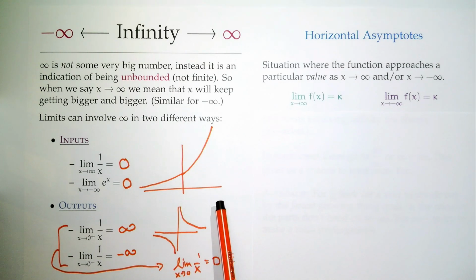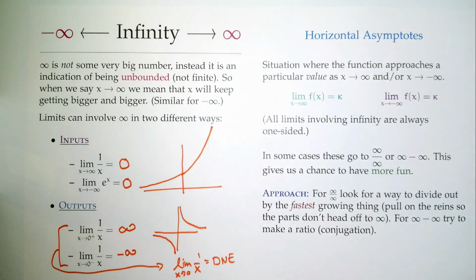Is there a horizontal asymptote? No, because it's not approaching a value. It just grows arbitrarily large. So when you're looking for horizontal asymptotes, the real question is what happens to your function as you head towards infinity? Make sure you check both sides, because they might have different behavior.